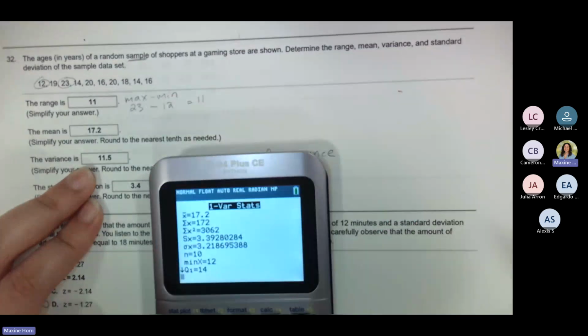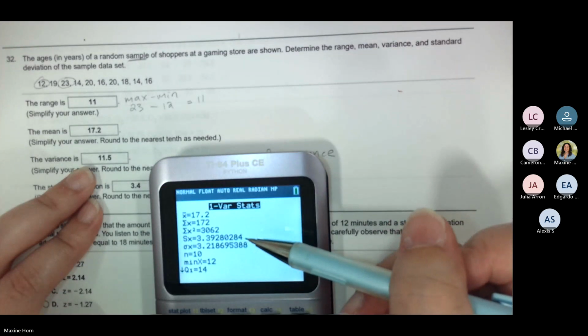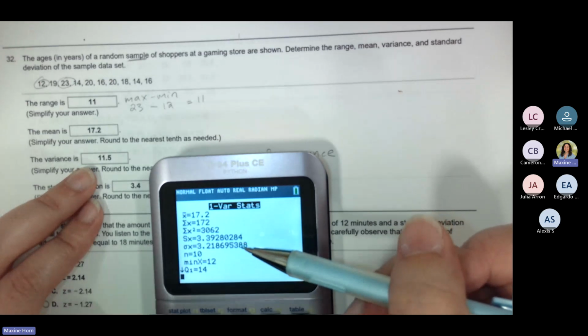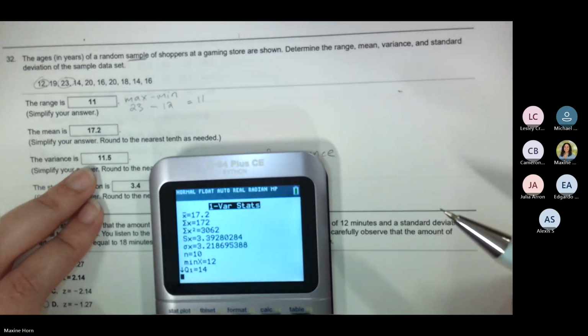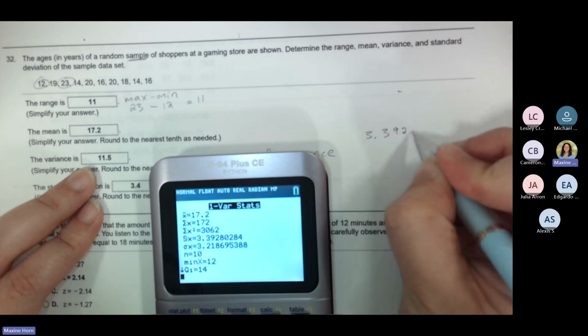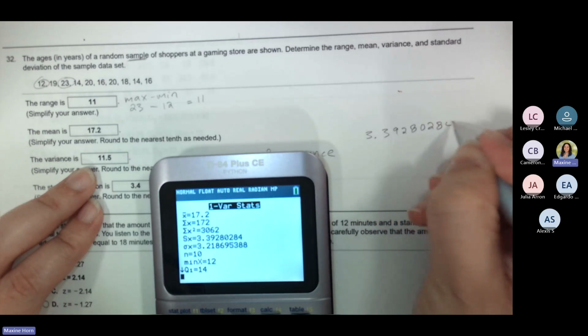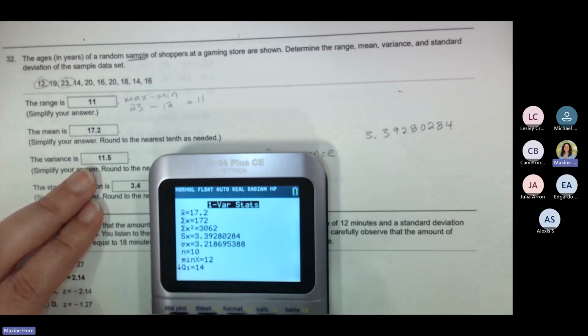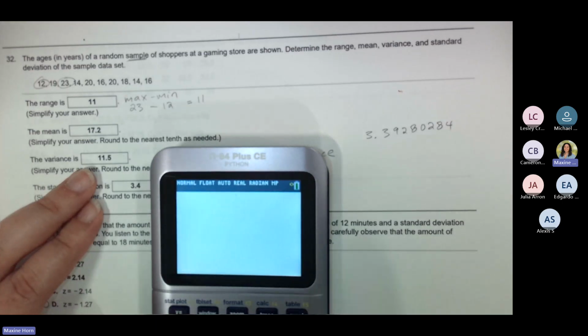So I need to take this standard deviation of 3.39280284 and I need to square it. I don't want to round before I square. I want to round afterwards. So I'm going to actually write this down, 3.392800284, and that's what I'm going to plug into the calculator to square. So you can either hit clear or quit, and 3.392800284 squared.